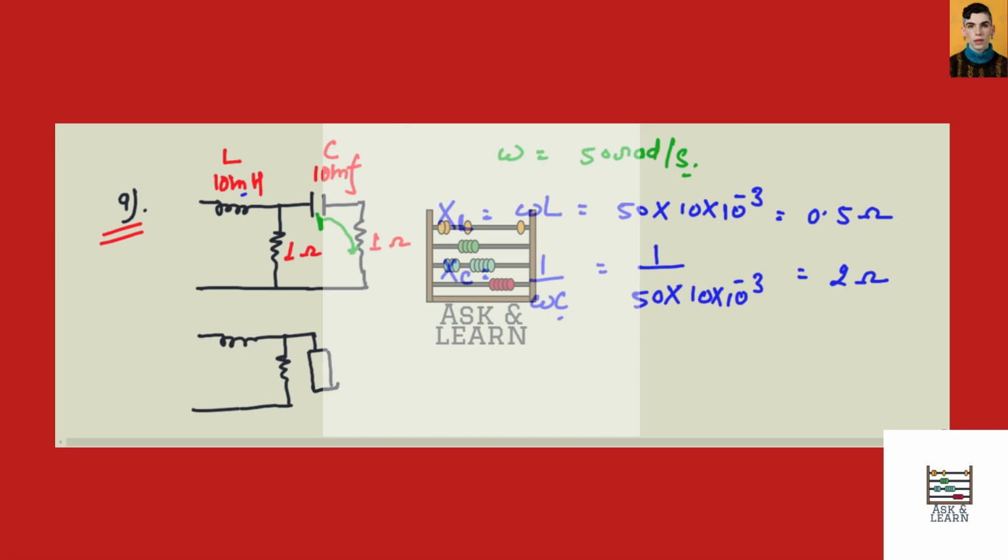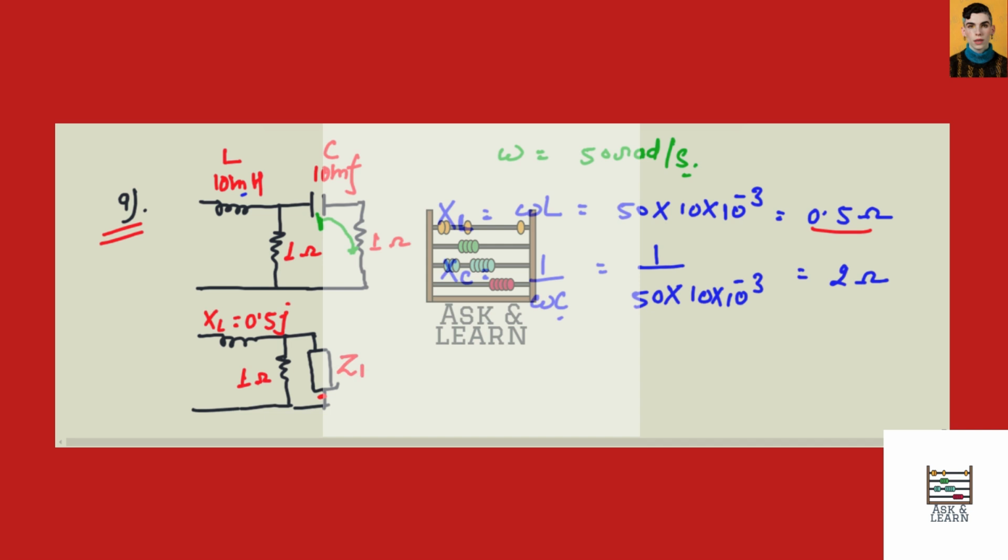The value of XL is 0.5, and in rectangular form, XL will be 0.5 J, right? This is our 1 ohm, and let's suppose this is our Z1.